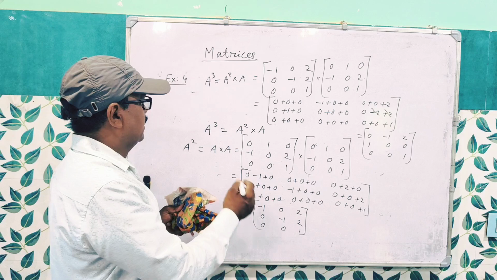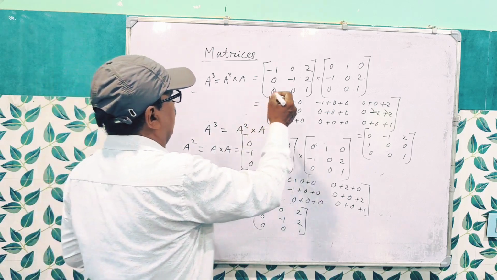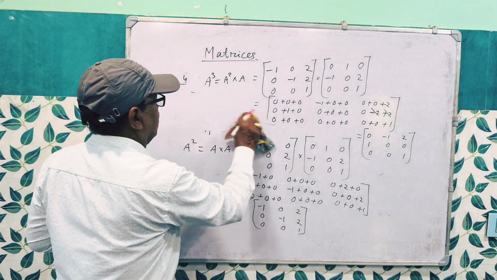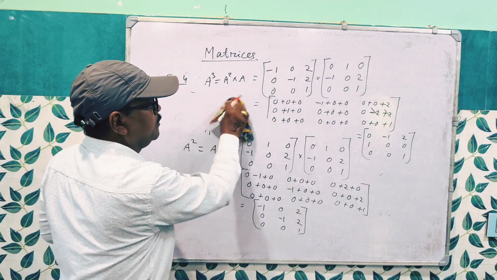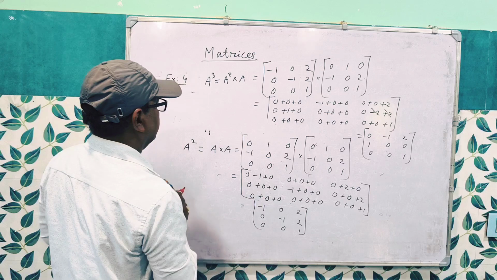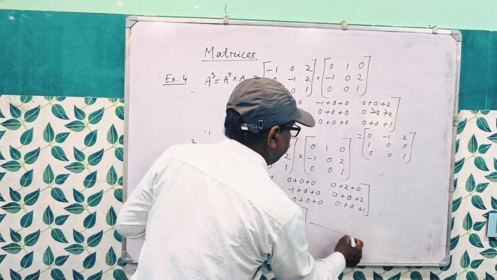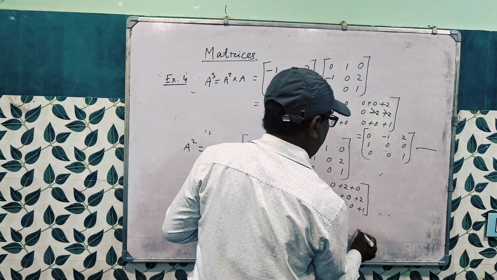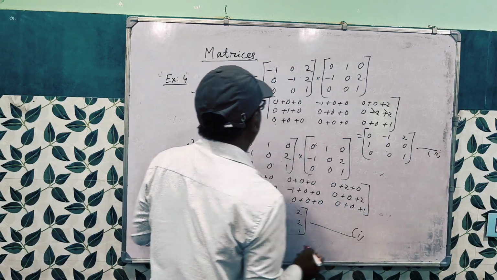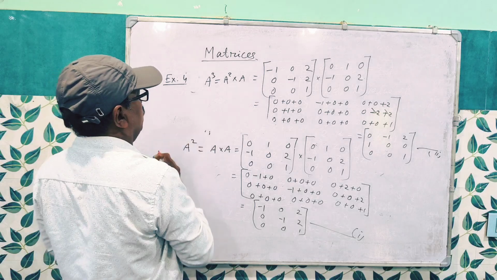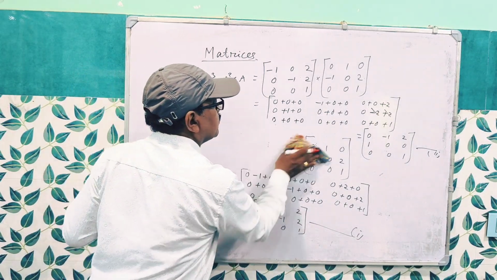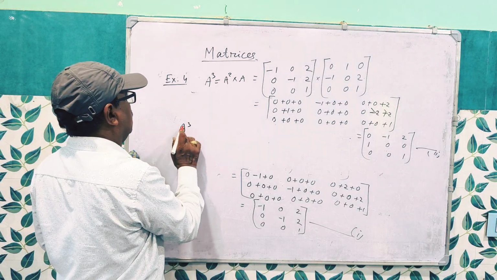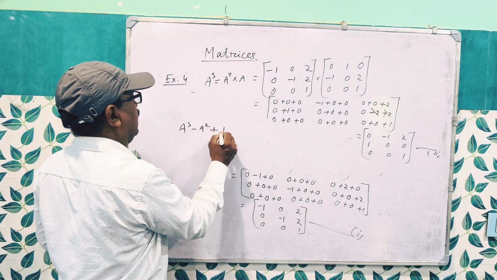Clear? Now, A cube minus A square plus I3. This is A square. This is A cube. A square, A cube, and I is equal to... now A cube minus A square plus I3.